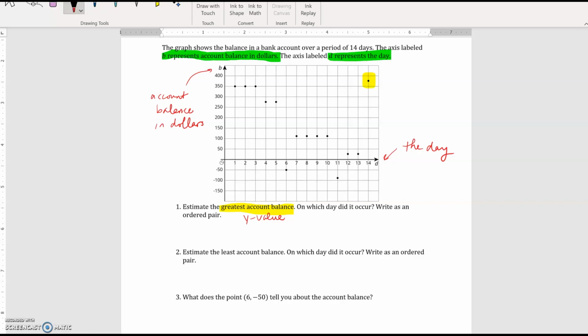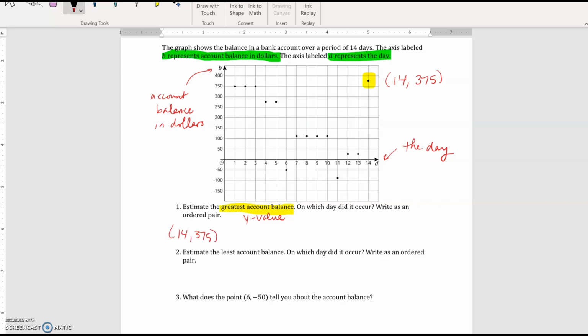I'm going to ask myself, what would this point mean based on the graph? I see a D value, which is the x-axis, of 14, and I see a y value between 350 and 400, which I know between that is 375. So this point is (14, 375).